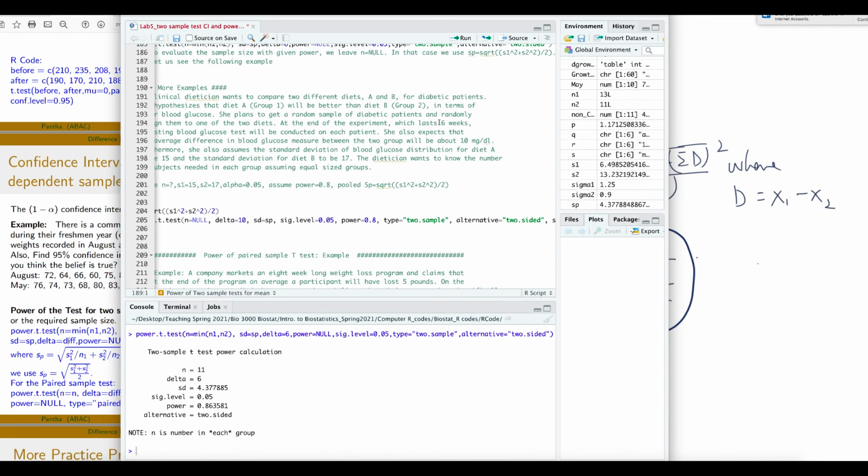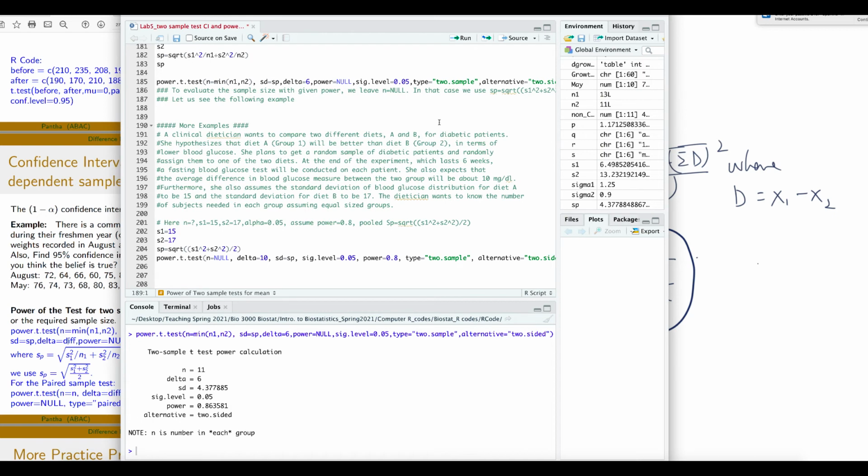So look at this example here. I am giving you one example. A clinical dietitian wants to compare two different diets, A and B, for diabetic patients. She hypothesized that diet A will be better than diet B in terms of lower blood glucose.